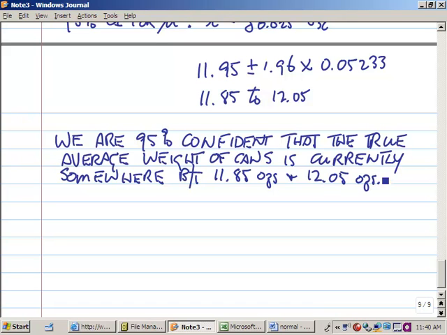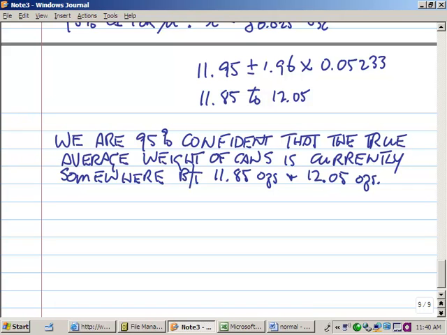Right, somewhere between. We have no real indication if it's closer to 11.85 or 12.05. Our best estimate is 11.95, but it could be anywhere between 11.85 and 12.05.